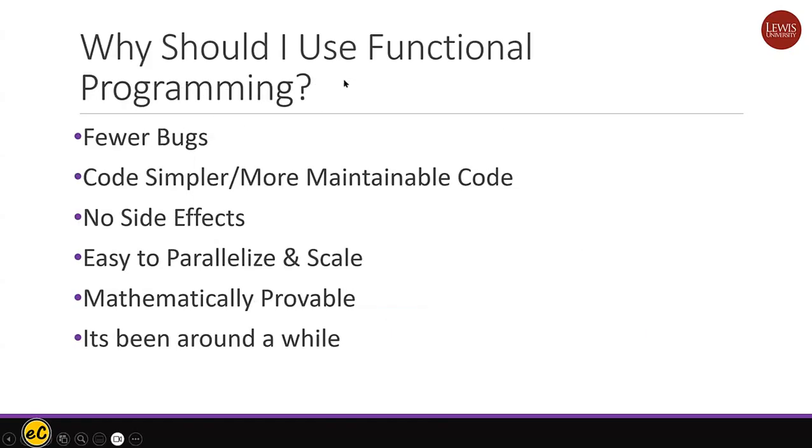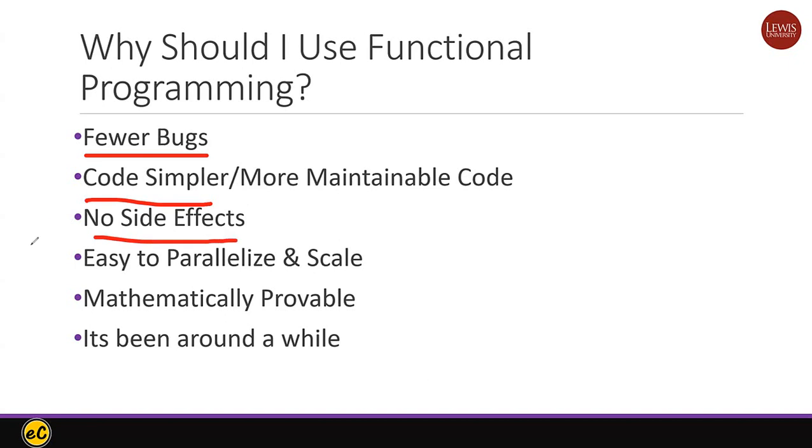So why should I use functional programming? It will produce fewer bugs because you call functions based on rules. There's very little chance that you write wrong code. Coding is simpler because it's more conceptual, less detailed programming.